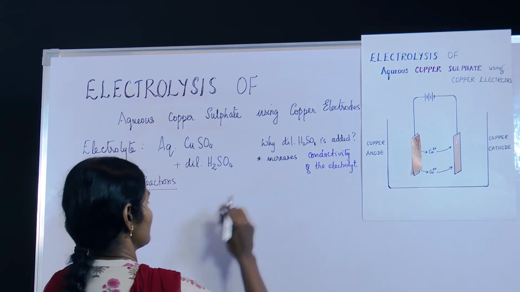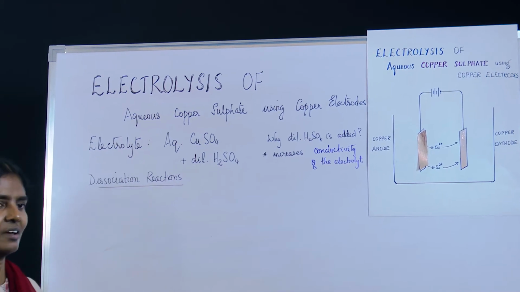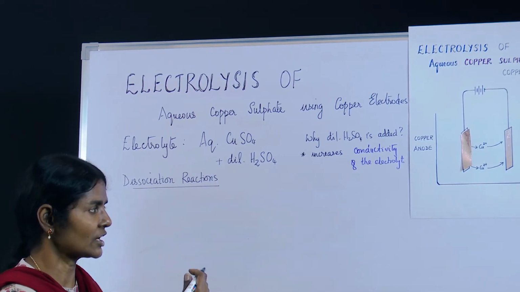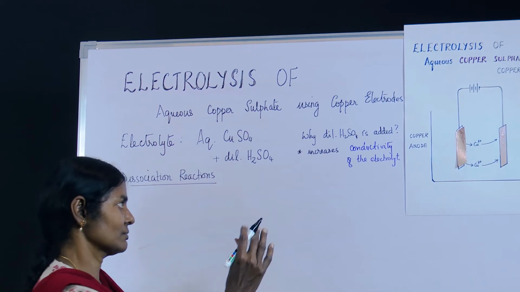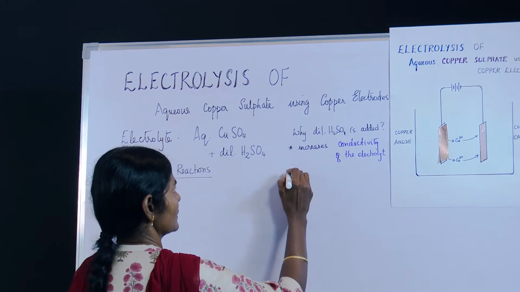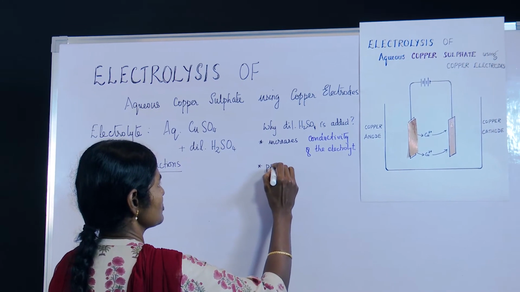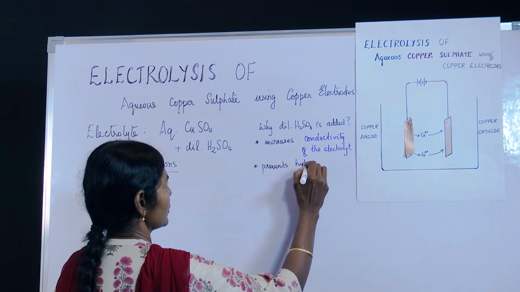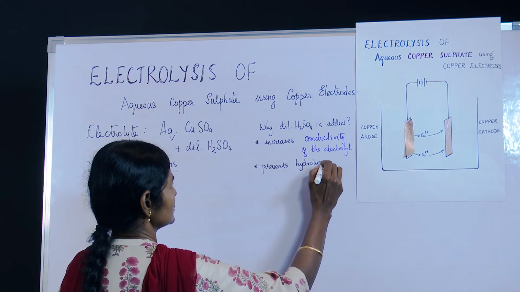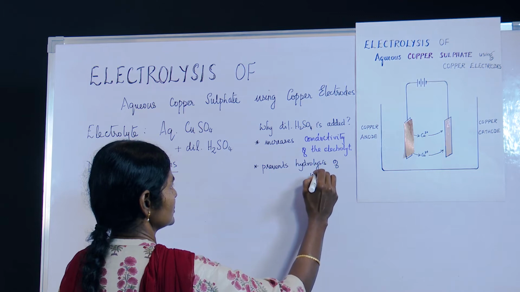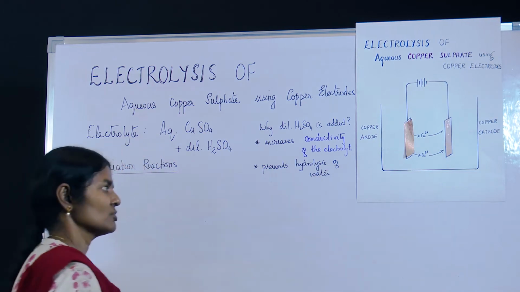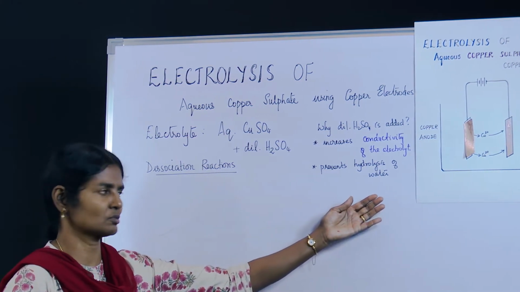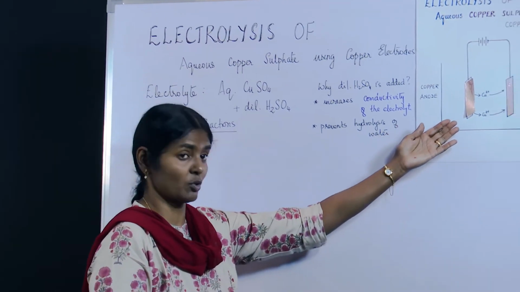It is very important because the better the electrolyte conducts, the faster and more successful the electrolysis will be. The next reason is that it also prevents hydrolysis of water, because if water starts breaking down, that should not happen fully; there must be water here.